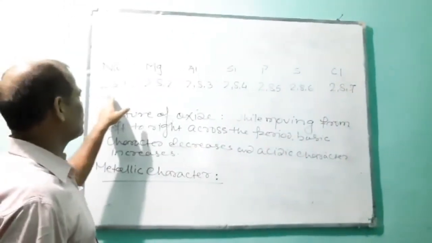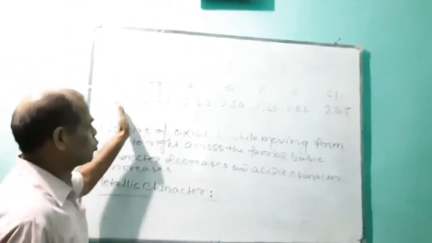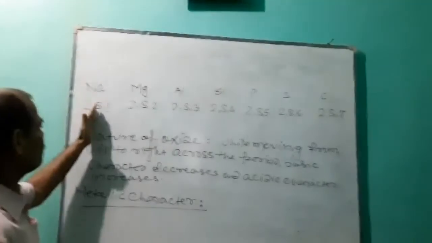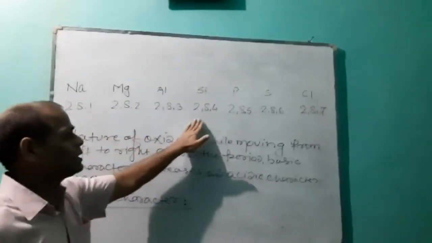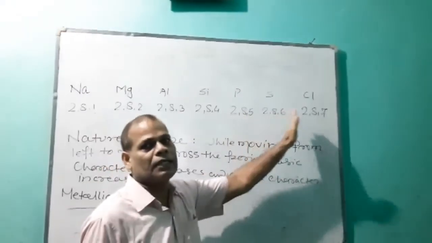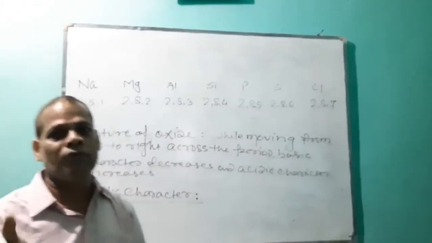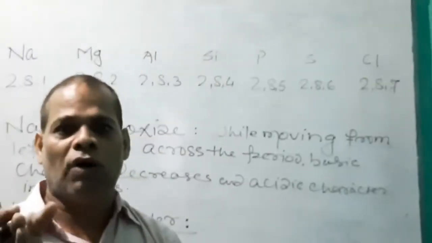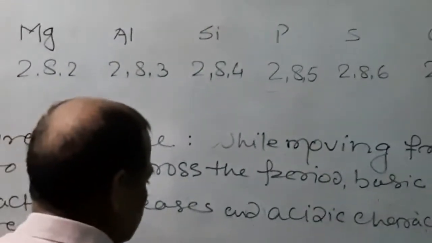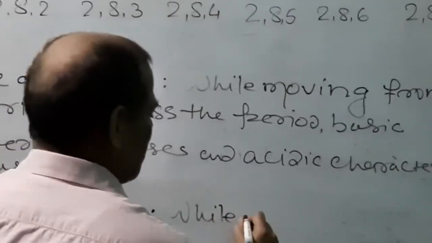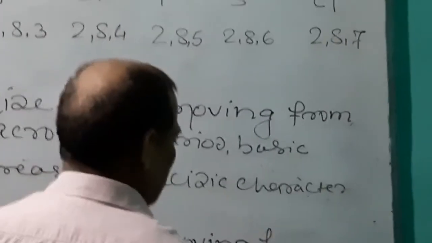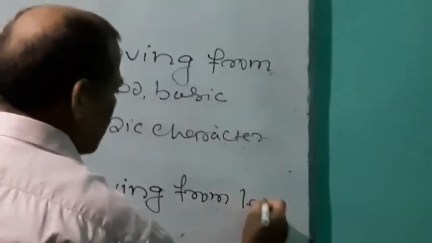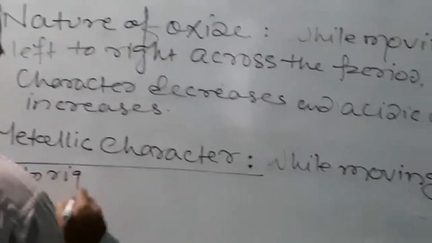So what happens while moving from left to right across the period?